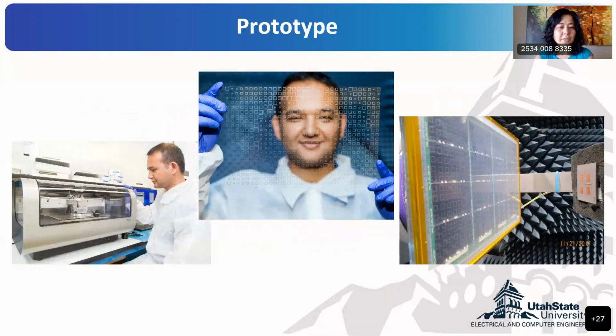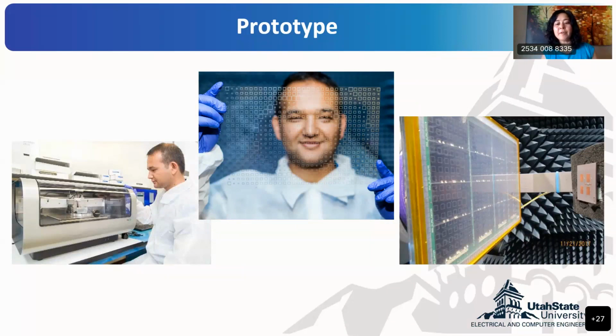So this is our final product. We printed an 8.5 gigahertz X-band antenna on a 20 by 30 centimeter glass, about a 6U panel for a 6U satellite. We inkjet printed the reflectarray antenna on it, and then we tested it.